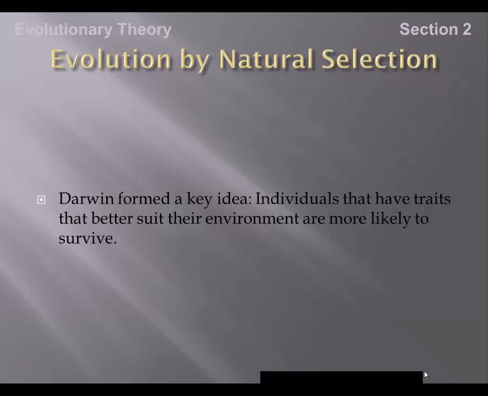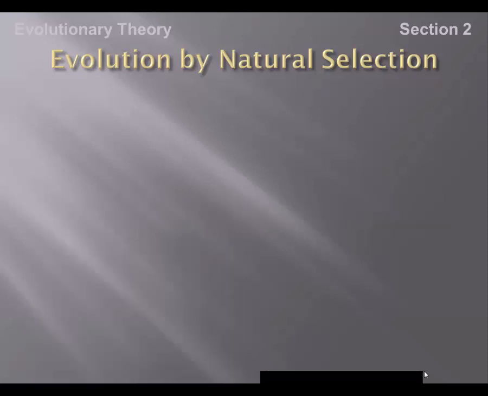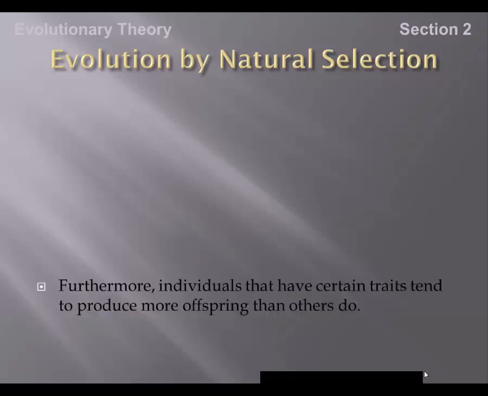Those organisms are more likely to survive and pass their genetic information on to the next generation. So individuals that have certain traits tend to produce more offspring than others do.